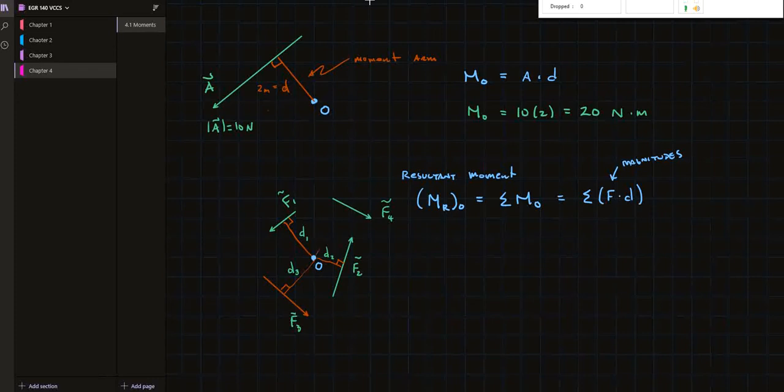Then the perpendicular distance here is that distance. Let's create a convention and say that counterclockwise is positive for our moments. So if we're going to sum moments for a resultant, then we'll follow this convention.